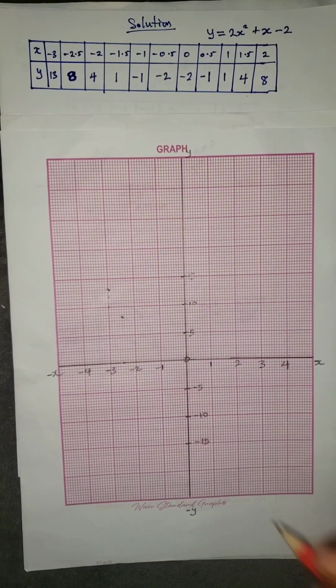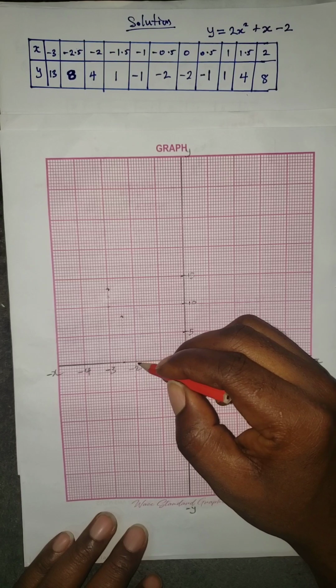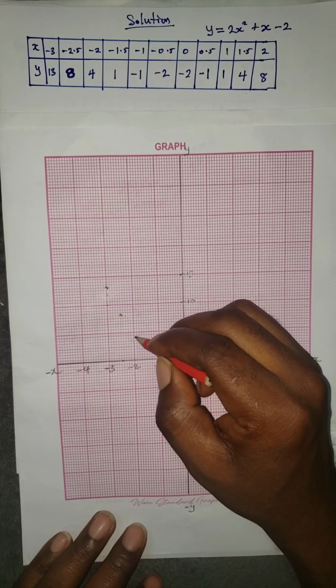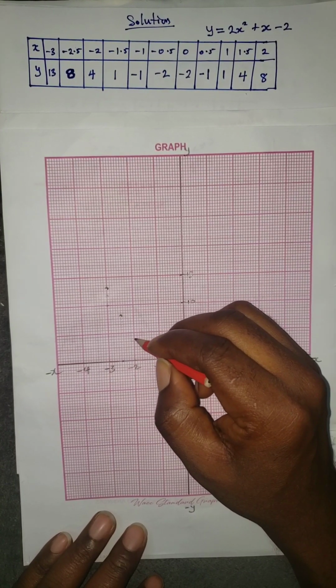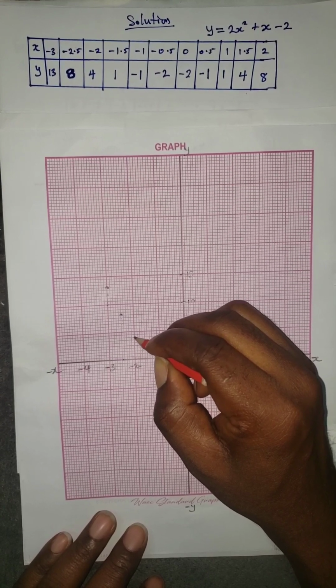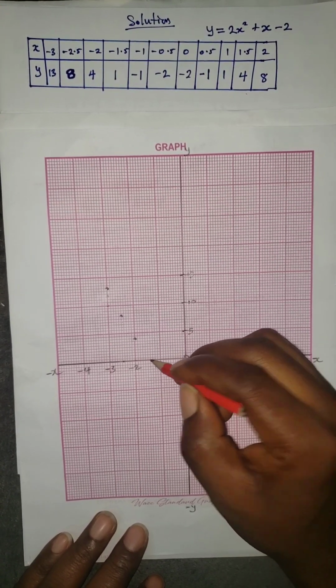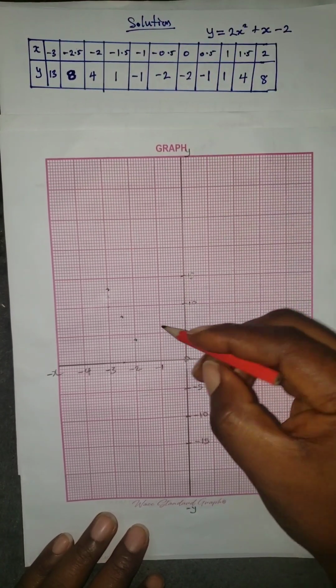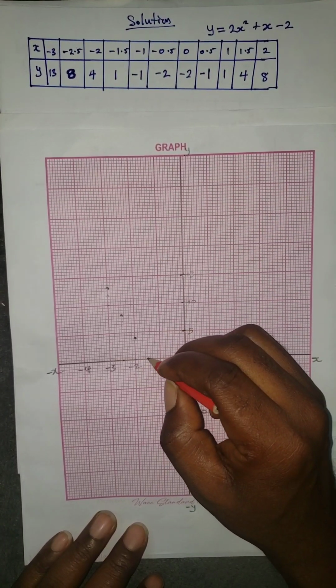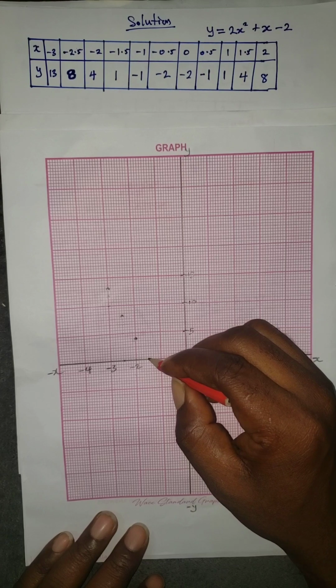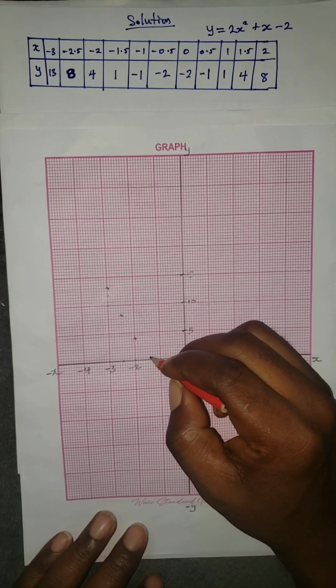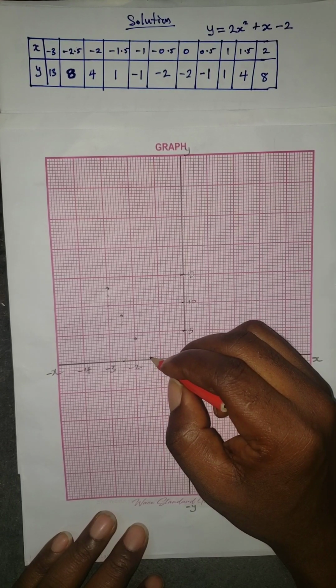At -2 is 4. So if I count like that, I'll get my 4 at this point. At -1, oh, we need to get -1.5 first. So -1.5, which is the middle of -1 and -2, I will have 1.